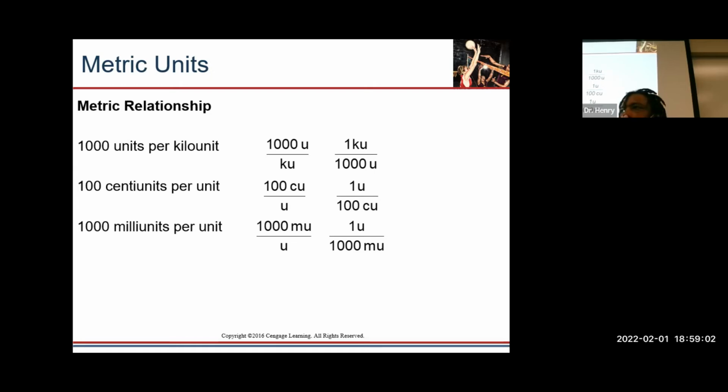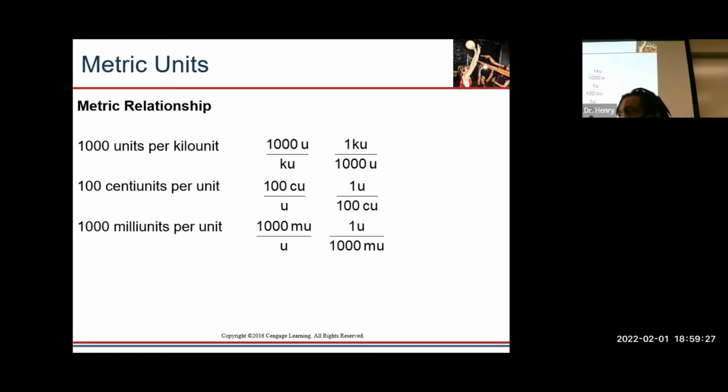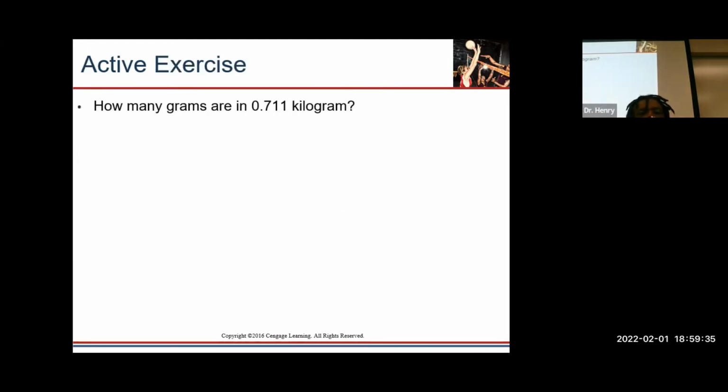So 100 of any unit, centigram, centimeter, centiliter, will equal 1 of that unit. Same thing with mil. Mil in Spanish means 1,000, so we know that 1,000 milliliters will equal 1 liter.